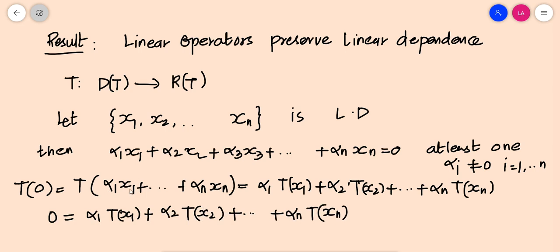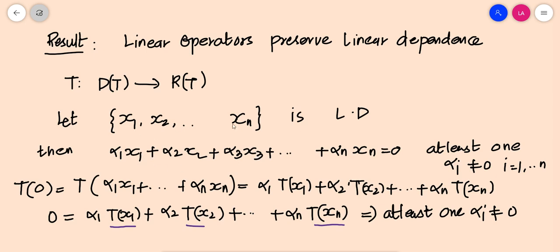So alpha 1 x1 plus etc., alpha n xn is equal to 0 with at least one alpha not equal to 0. So this is a linear combination of T of x1, T of x2, etc., T of xn, which are the images of the elements x1, x2, etc., xn.